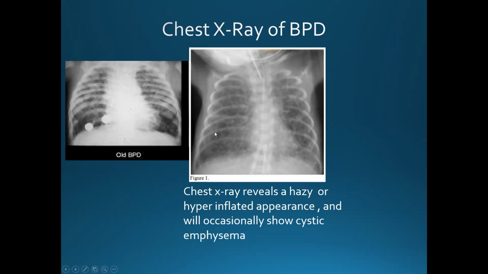Here's one that shows up really well. So that's the damage to the alveolar walls, and now you've got one big giant alveolus instead of many small little alveoli. So their lungs become like a COPD lung. Their blood gases are like a COPD blood gas, where they have chronic CO2 retention.